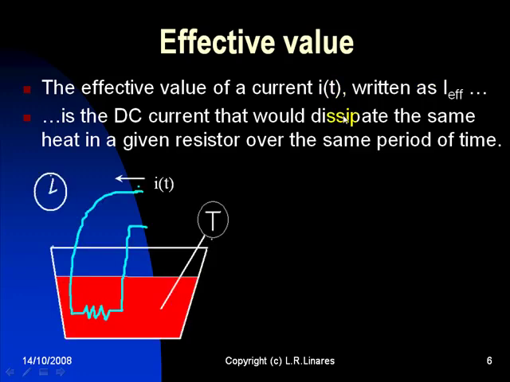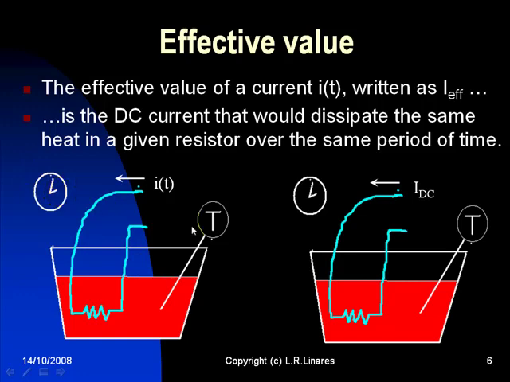Experimentally, we can do that. We come up with a bucket of water, a resistor R, a chronometer and a thermometer, and we measure by how many degrees the temperature goes up in a given amount of time. And then we repeat the experiment with a series of different DC currents, and when we get the same temperature in the same period as in this case, we say this found DC current is the effective value of i of t.